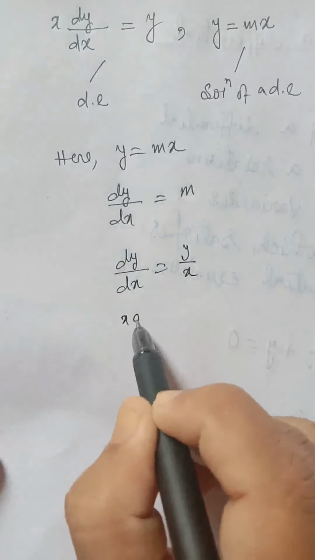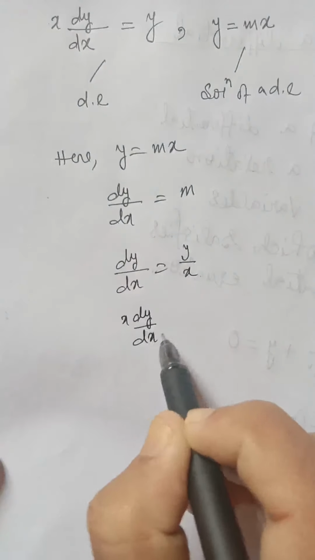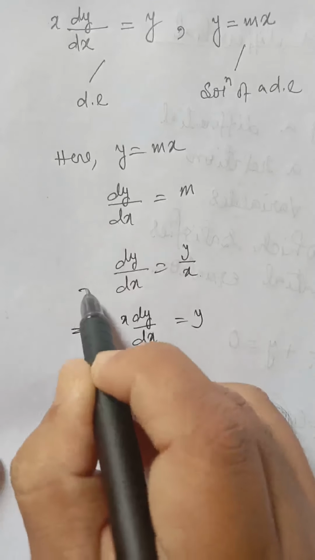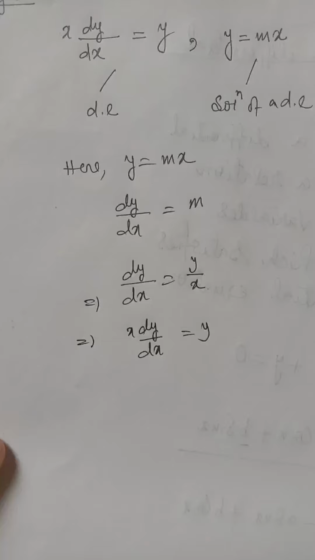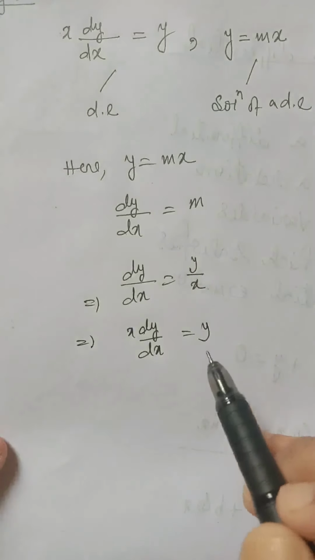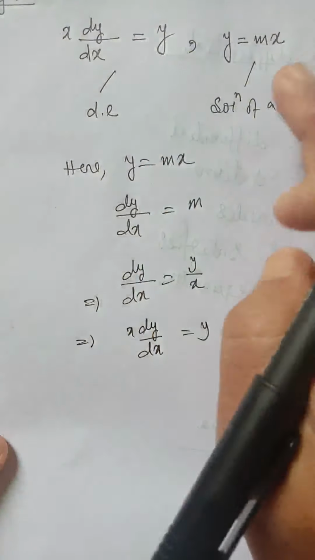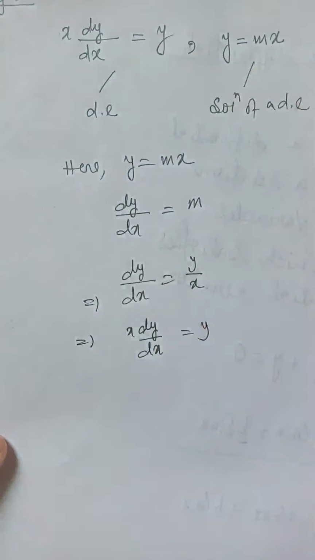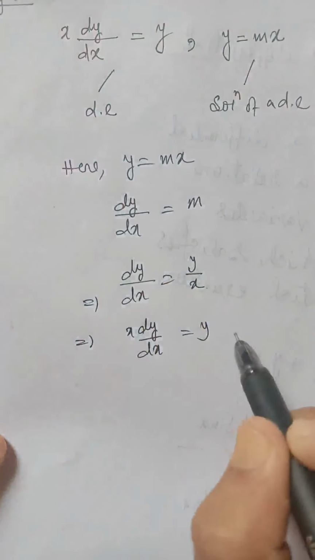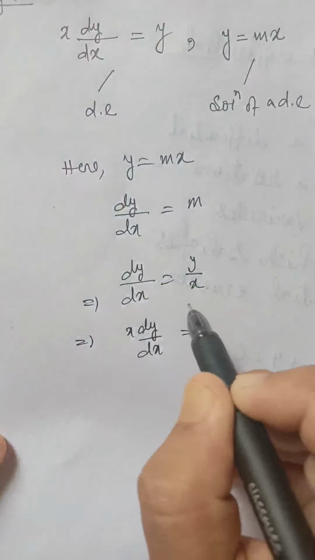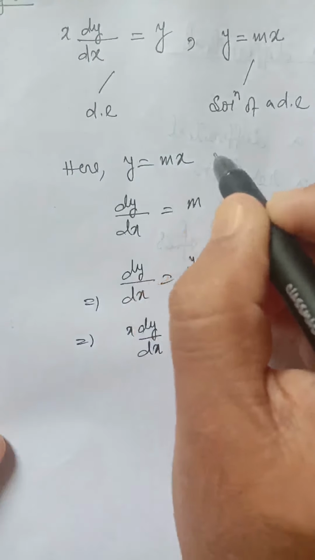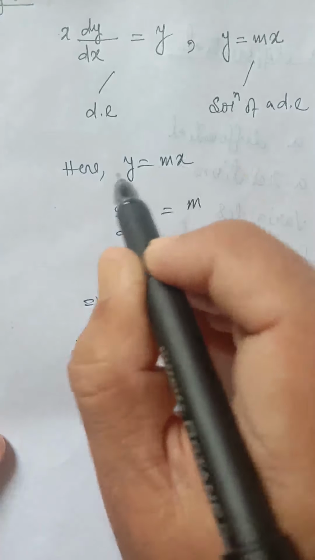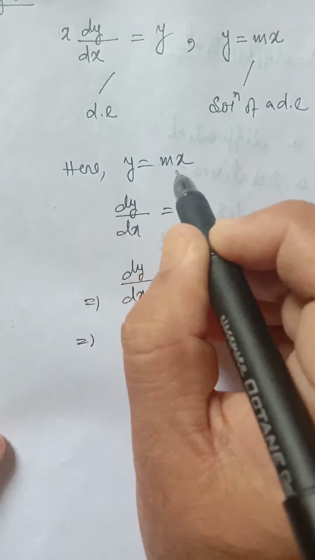So x dy by dx is equal to y, and y equal to mx satisfies this differential equation. So this is the solution of this differential equation. This is a differential equation because it is a relation between derivatives and variables, and this is the solution because it contains the variables along with an arbitrary constant.